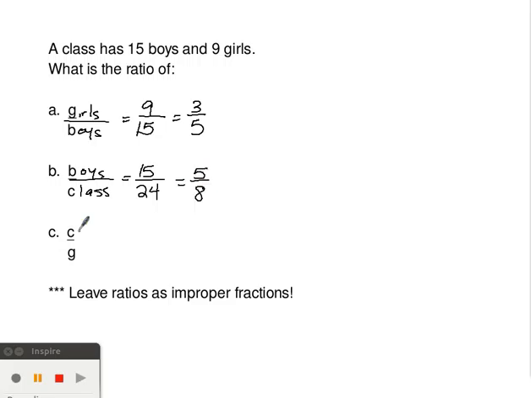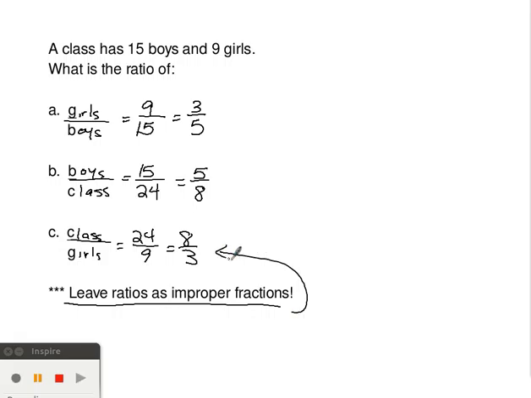And finally, they might say, what is the ratio of the class to girls? And that would be 24 to 9, which would reduce to 8/3. If a ratio is an improper fraction, leave it as an improper fraction. Do not make it into a mixed number.